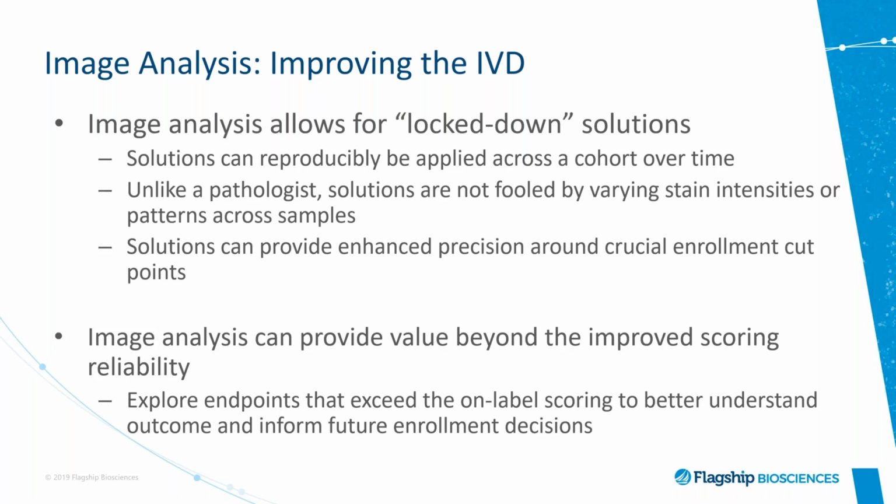Now, image analysis can provide additional value endpoints in addition to the traditional score. Because using image analysis, using data analysis, we can explore endpoints that exceed the on-label scoring to better understand the outcome and inform future enrollment decisions.